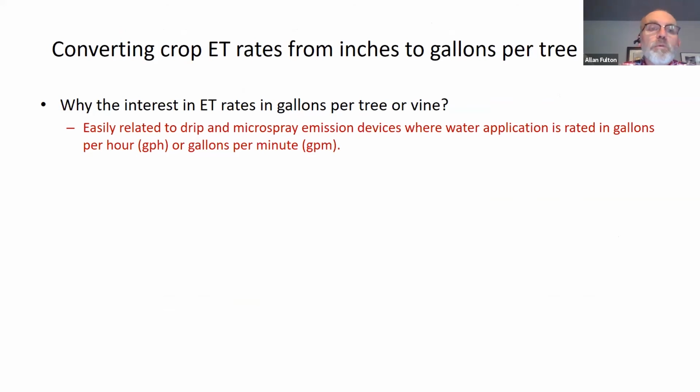We know how many drippers are put around a tree, and we know the drip specifications. And the same can be said for a micro sprinkler or a mini sprinkler as well. And so if the ET were reported in gallons per tree per day or per week, we could easily determine the hours of runtime for that week.